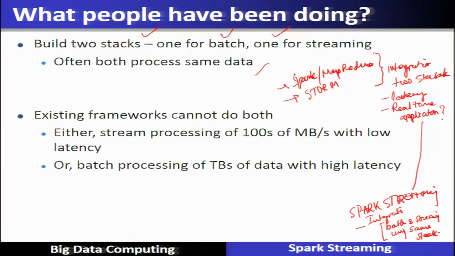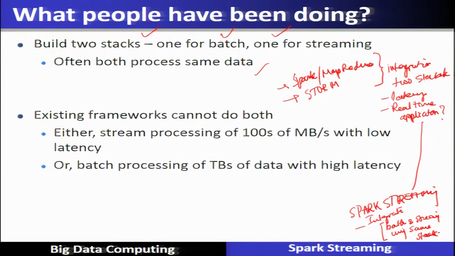So, the existing frameworks such as Storm and MapReduce cannot do both kinds of processing, that is for the batch and the streaming data, at the same point of time. So, either the stream processing of hundreds of megabytes with low latency, or the batch processing of terabytes of data with high latency, are to be dealt with separately, and the combined or integrated viewpoint is not available as of date before Spark streaming.